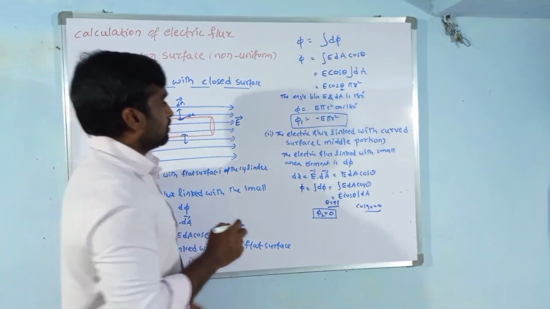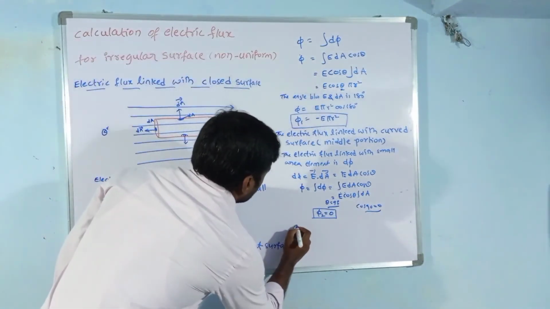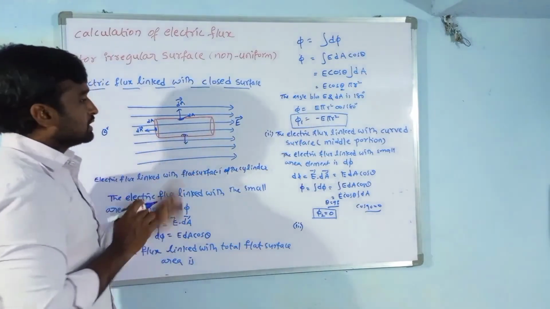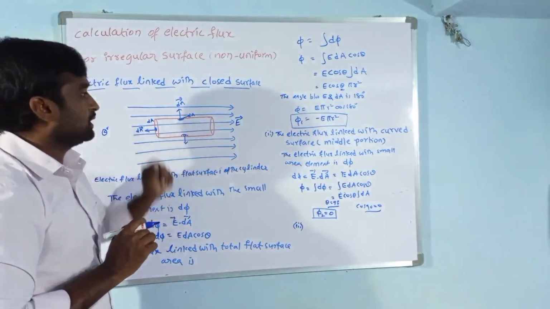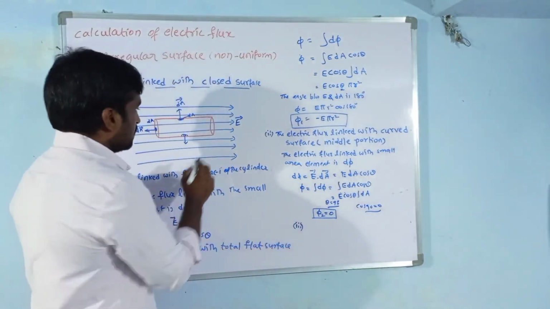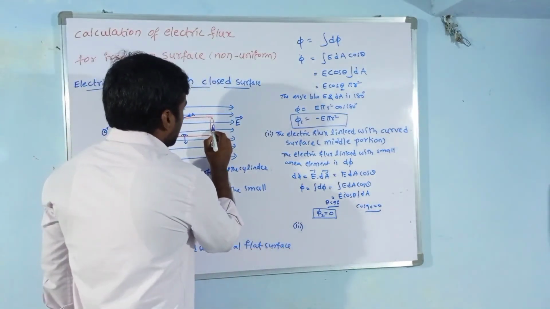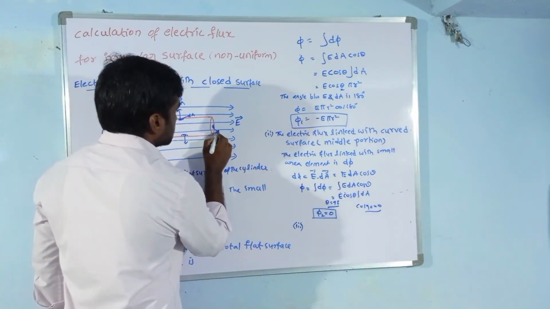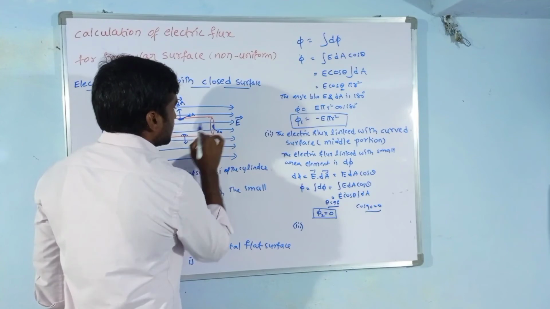Next we will calculate the electric flux with the second end, the second flat surface of the cylinder. In this case I am taking a small area element dA. What is its direction?